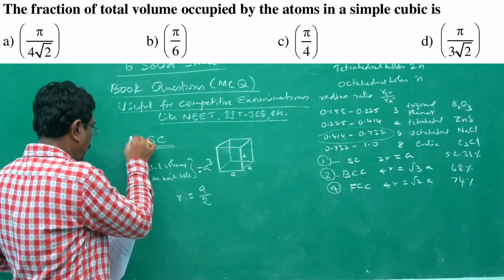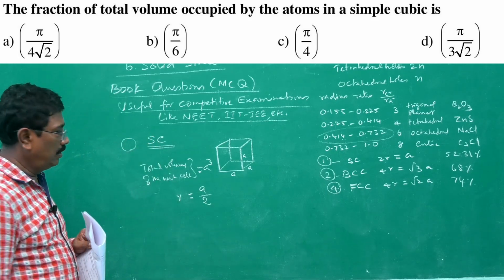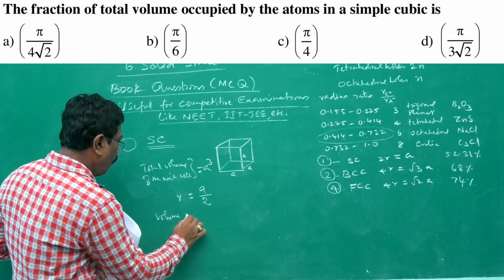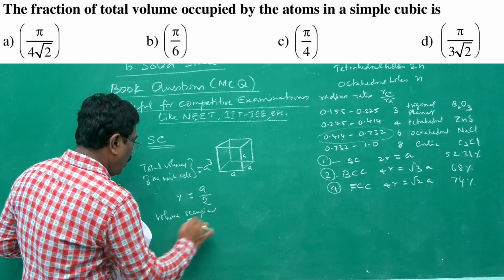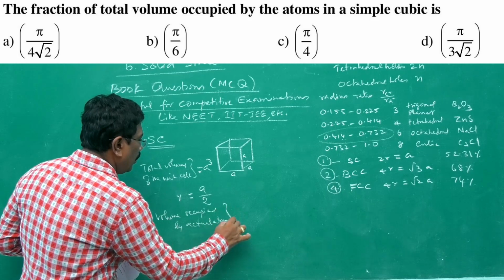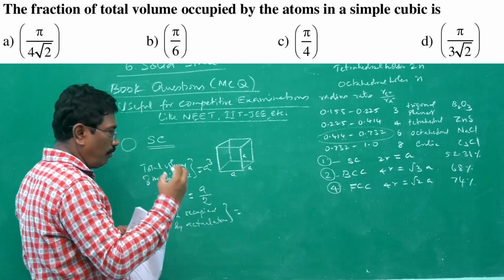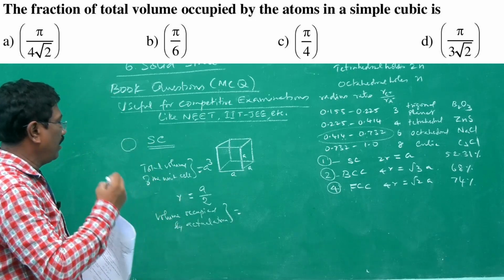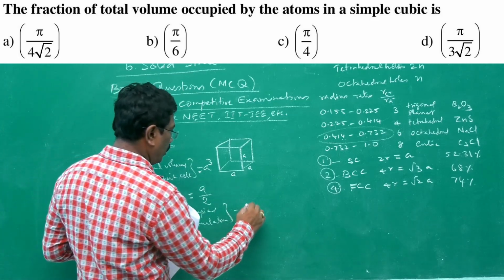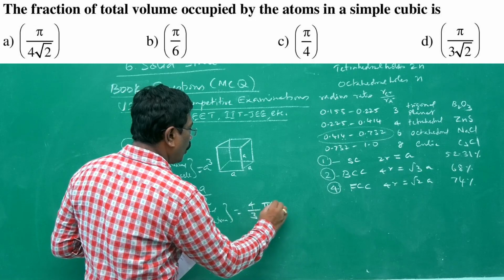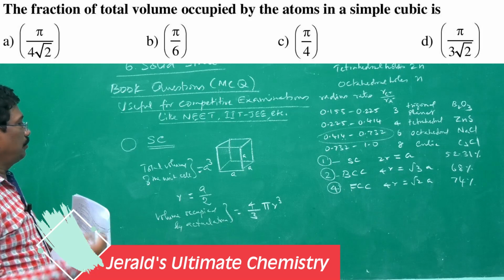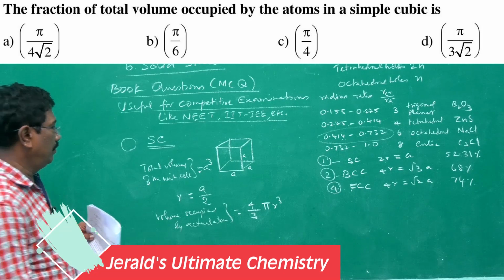The radius of the atom, it is a cube, and the radius is a by 2. Therefore, what is the volume occupied by the actual atom? The atom will be in the form of a sphere. Volume of a sphere is equal to 4 by 3 pi r cube, where r is the radius of the atom, which is a by 2.